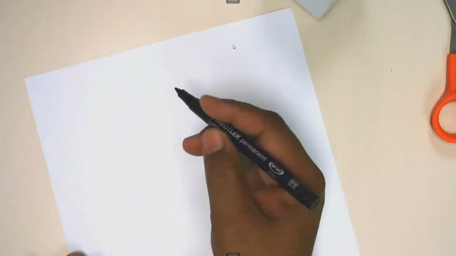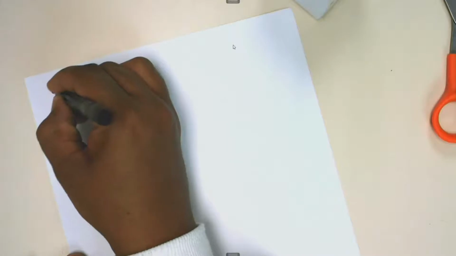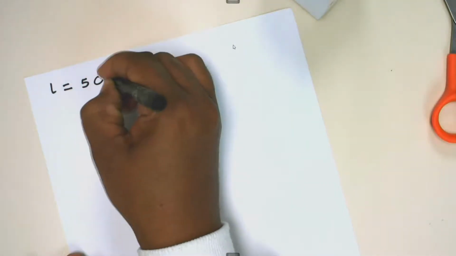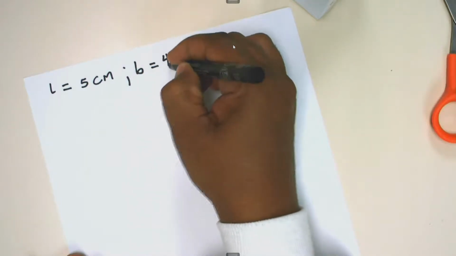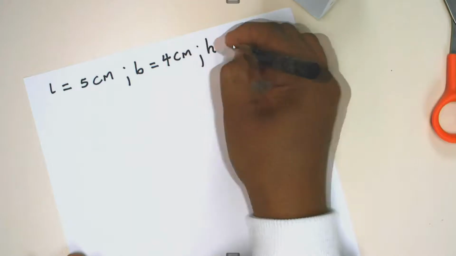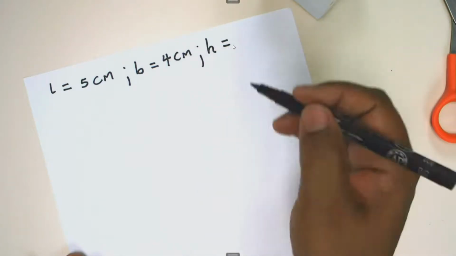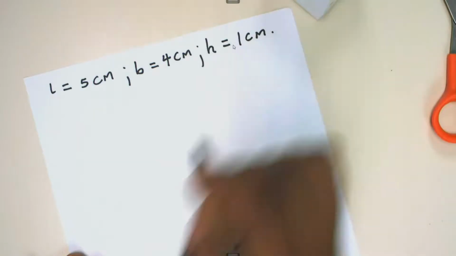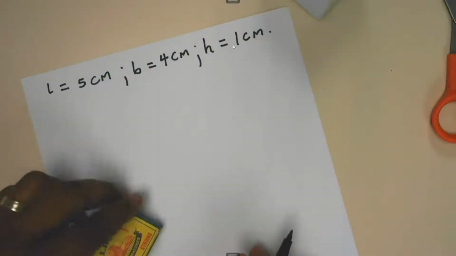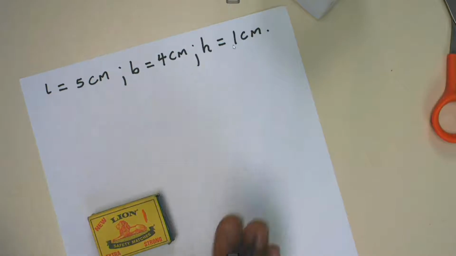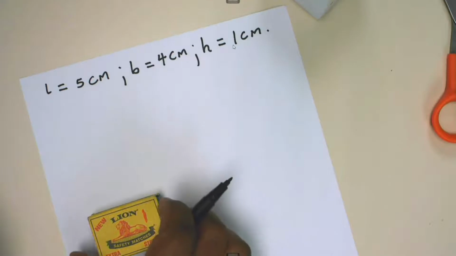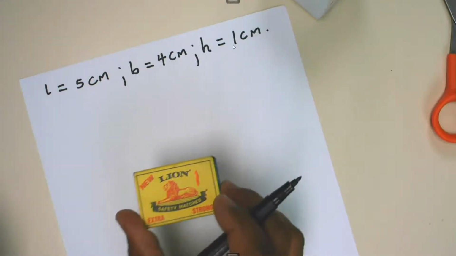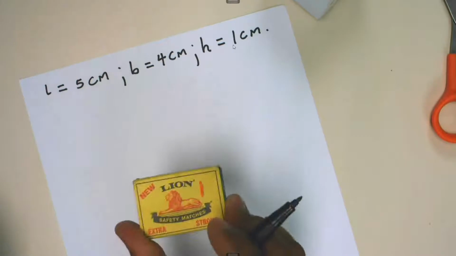You have seen that we are now given a rectangular prism with the length equal to 5 centimeters. The breadth is 4 centimeters. And the height of that rectangular box is 1 centimeter. Now remember, the surface area is the total area of all the flat faces that make up this rectangular prism.